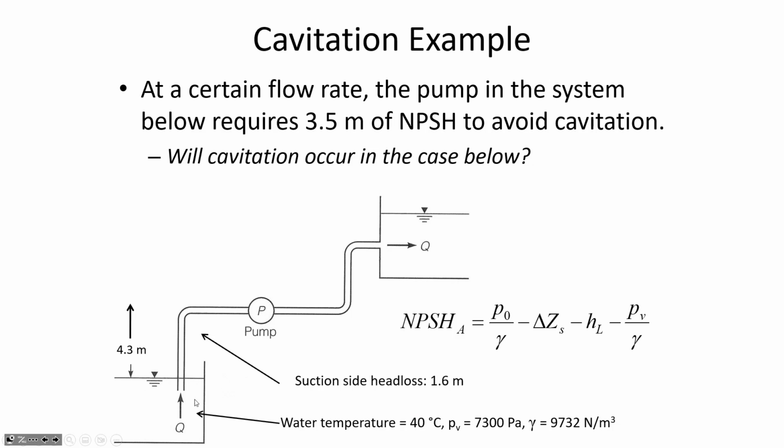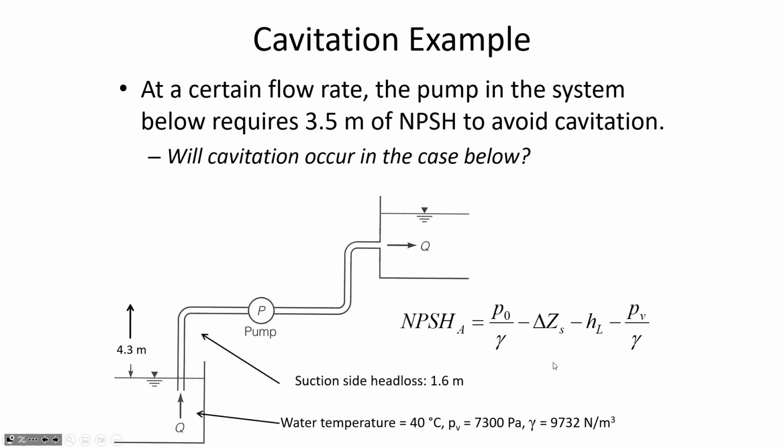And then if we look at the fluid properties, let's say this is 40 degrees Celsius water with a certain vapor pressure and a certain unit weight of water at that temperature. And then for this example, let's assume that this is at sea level, and so the water is working against an atmospheric pressure of 101,325 pascals. So P naught is 101,325 pascals.